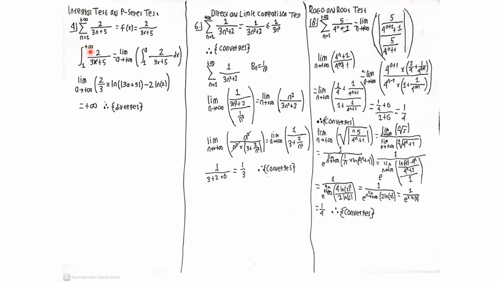So it will be the integral from 1 to infinity of 2 over 3x plus 5 equals limit a to plus infinity.